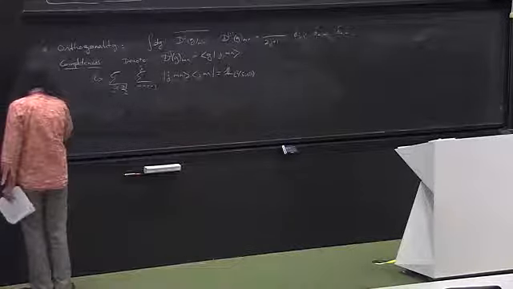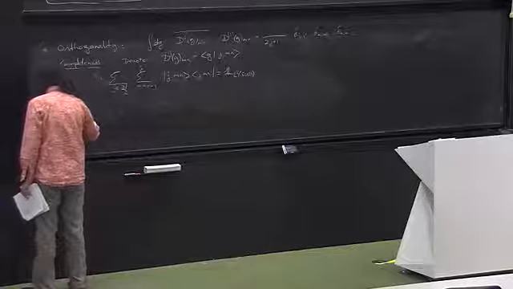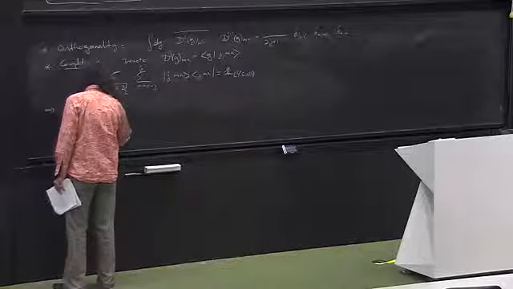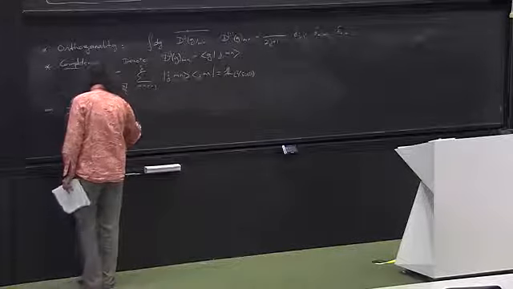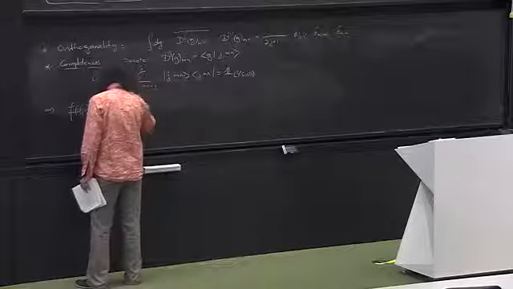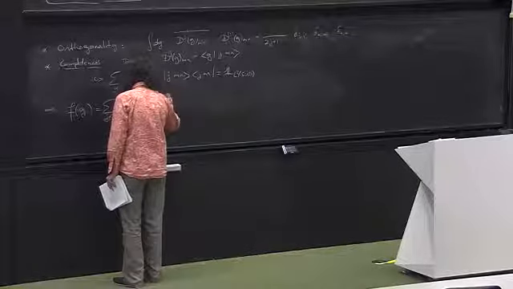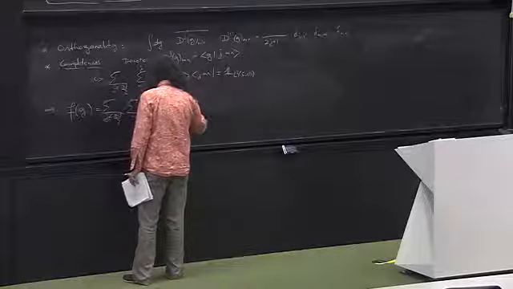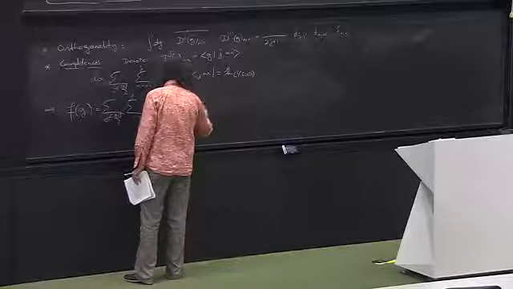And it means that any function f(g) over SU(2) has an expansion like that: sum over j, m, n from minus j to j of f^j_{mn} D^j(g)_{mn}.